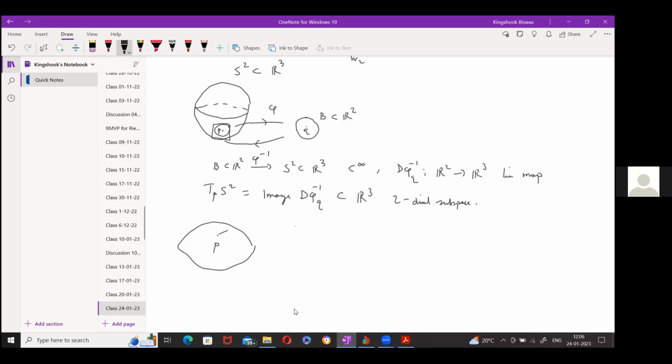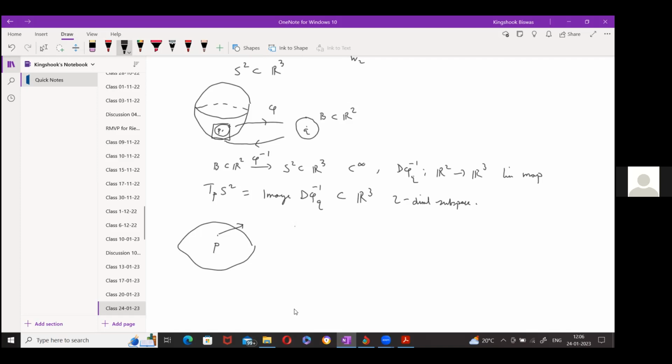So if this is a tangent vector, the idea is that a tangent vector should give you a direction in which you can differentiate functions defined near P. Now, the derivative of a function only depends on the function in a neighborhood of the point, right?